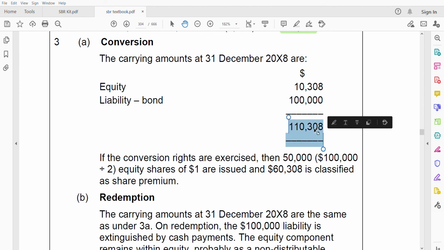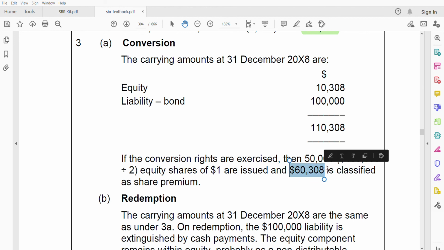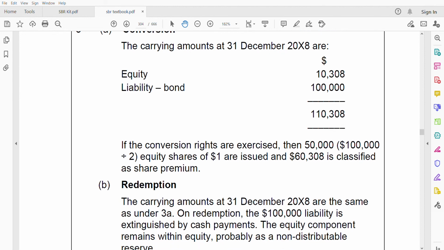This minus this 50,000, the balance, is known as share premium. Because of that share premium, we are having this difference with this and this 50,000. That's why it increased so much. We'll always have that share premium part.